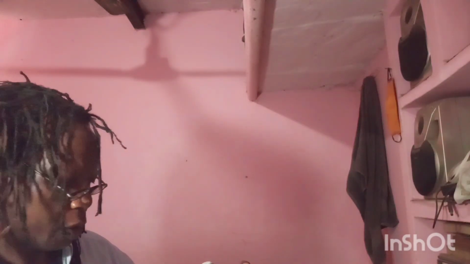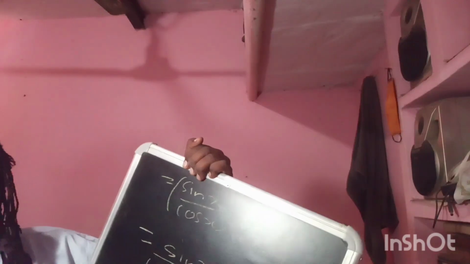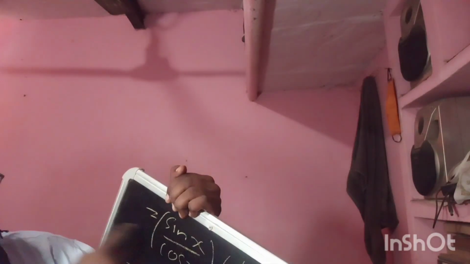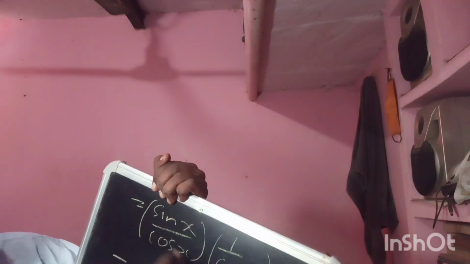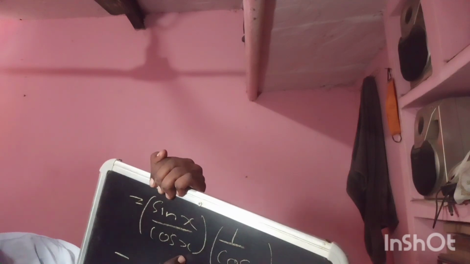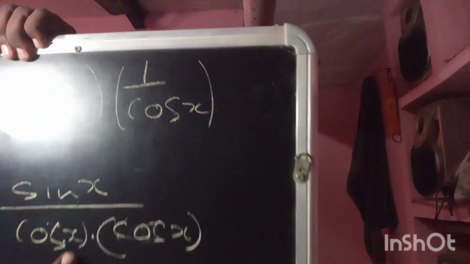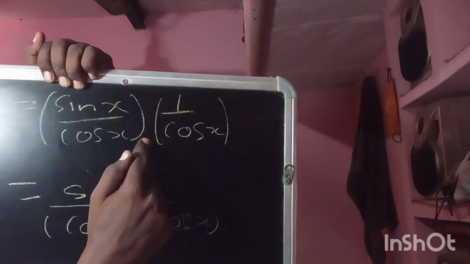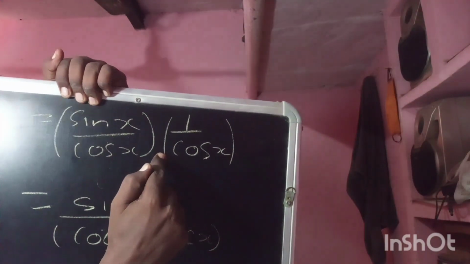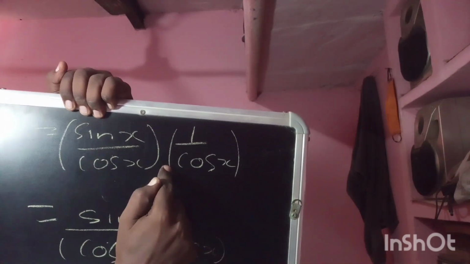You know, 1 over cosine x, it's the same as that expression, because if you distribute this inside, it will be the same, sine over cosine x squared. I just broke it down. So now we have this one.